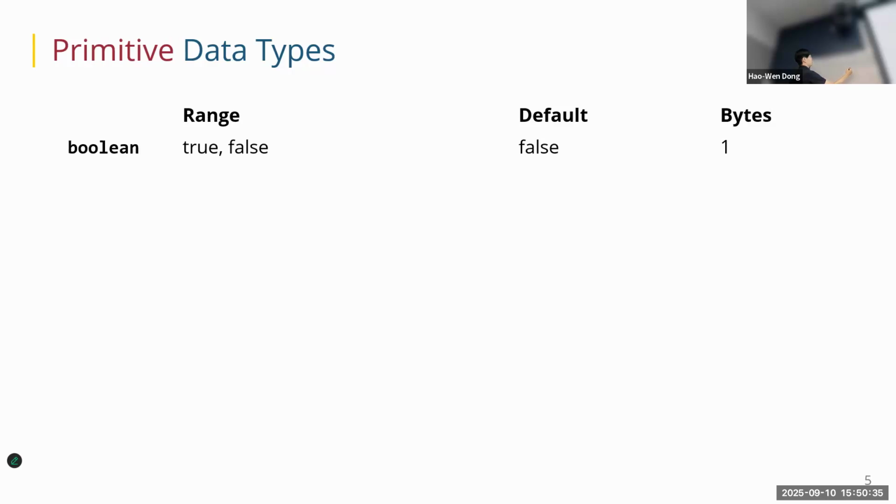For each slot, you can only have 0 or 1. So the numbers you can represent start at 0, 0, 0, 0, 0, 0, 0, 0, then 0, 0, 0, 0, 0, 0, 0, 1, and all the way to 1, 1, 1, 1, 1, 1, 1, 1. This is the maximum number of different values you can represent.